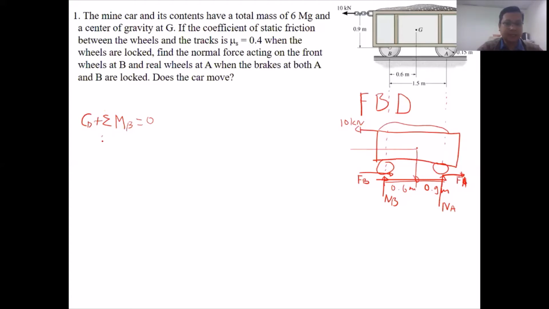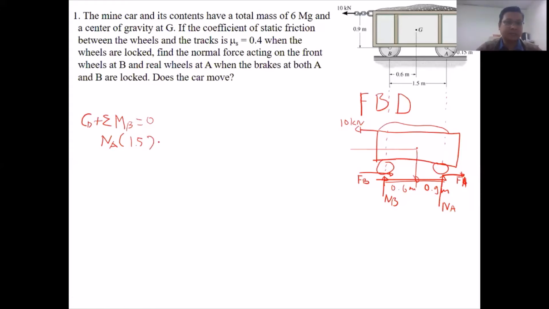Firstly, we go from the normal force NA times the distance 0.6 plus 0.9, which is equal to 1.5 meter.